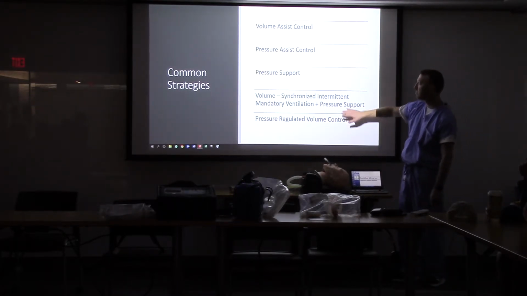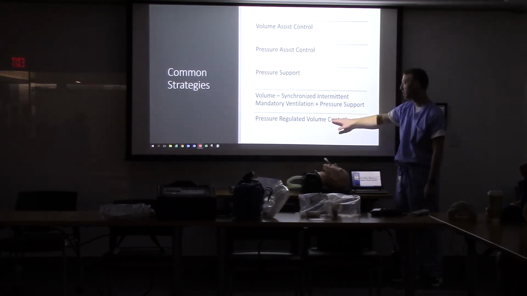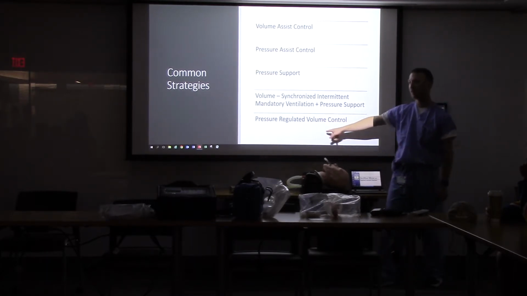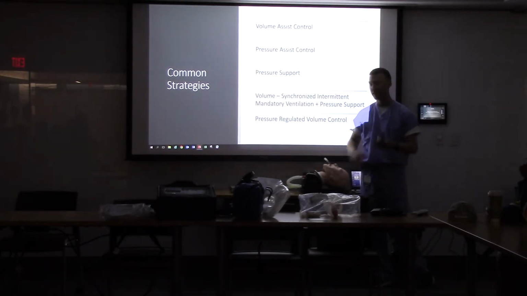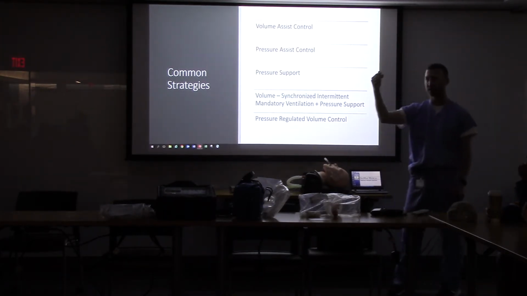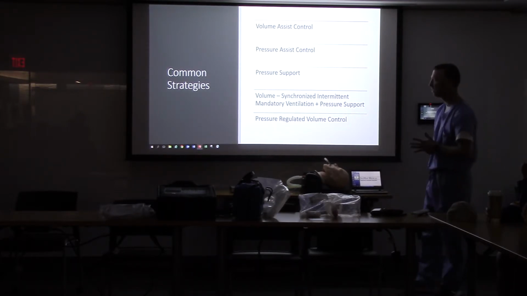So it's a mix of these two. The volume is the goal, but they set some pressure limits in there. It just requires a fancier ventilator. I don't think our vent can do that. I think it requires a hospital vent or one of the newer ones like the Hamilton or the Ravel, or these other transport vents that you'll see the critical care transport teams use, both for ground or air.